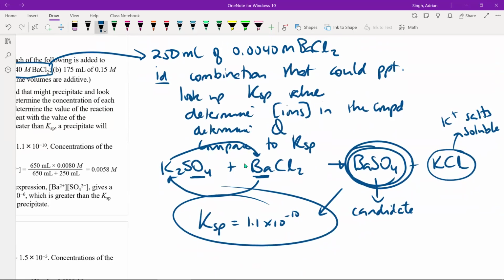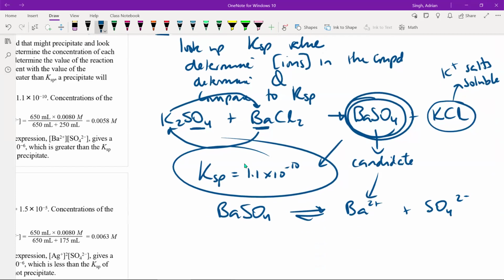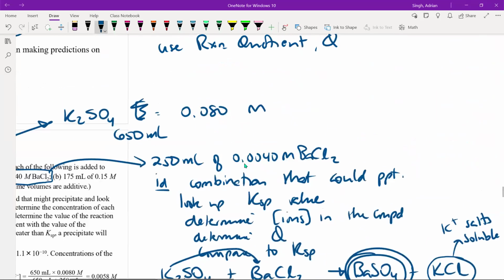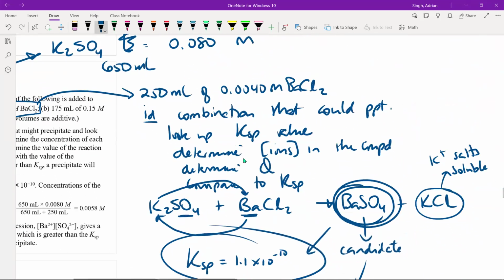So let's take a look. Barium sulfate, BaSO4, is made up of the barium ion, Ba2+, and the sulfate ion, SO4 2-. So what are the concentrations of these? Well, the concentration of the barium ion, where does the barium come from? It comes from the barium chloride.